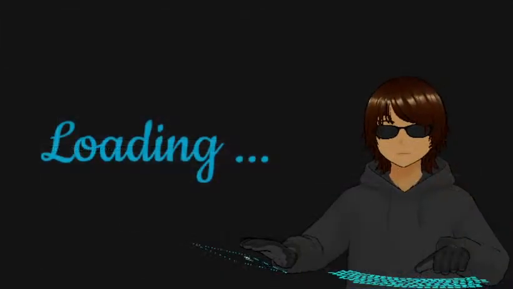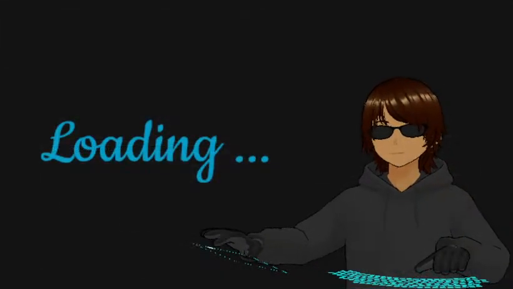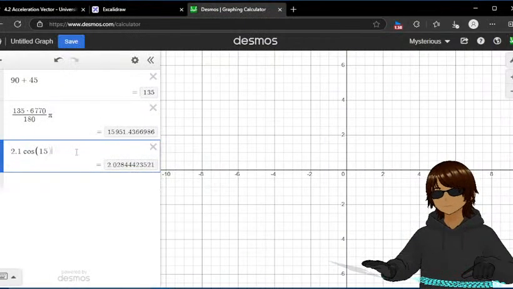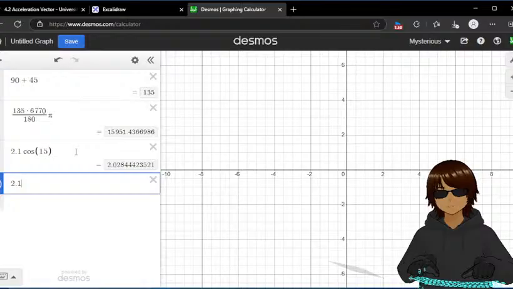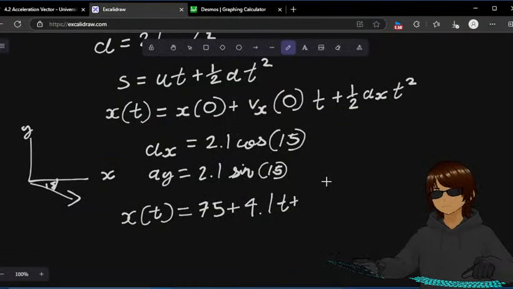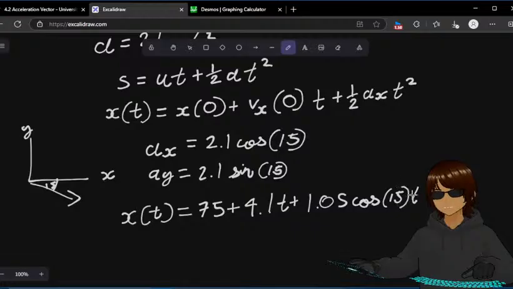I accidentally pressed Control S. 2.1 divided by 2 is 1.05, cos 15 t squared.